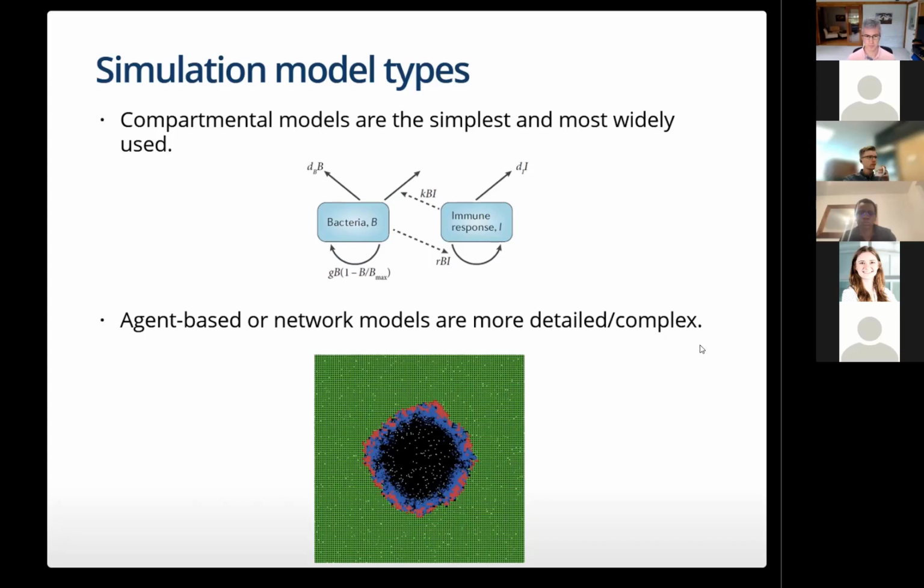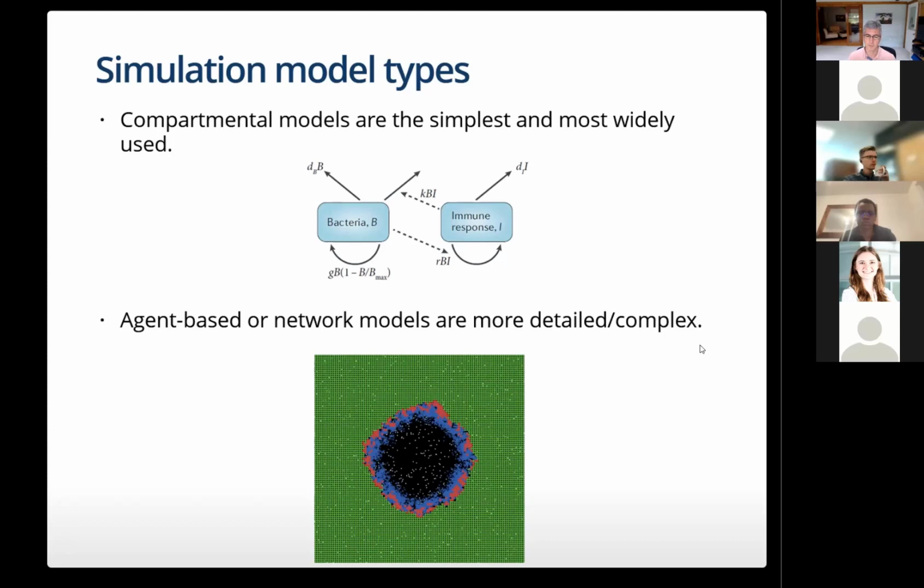Here's a very simple example where you have an area of cells, think of epithelial cells for flu. Those are the green ones, then they get infected, that's red, and then there's virus, that's blue, and T cells that are white. You can study things here like spatial spread that you couldn't easily do in compartmental models. Or you could give each of these cells a different lifespan, which you couldn't do in those other models either.